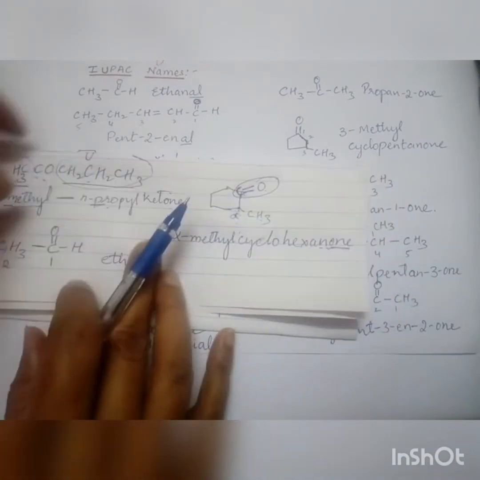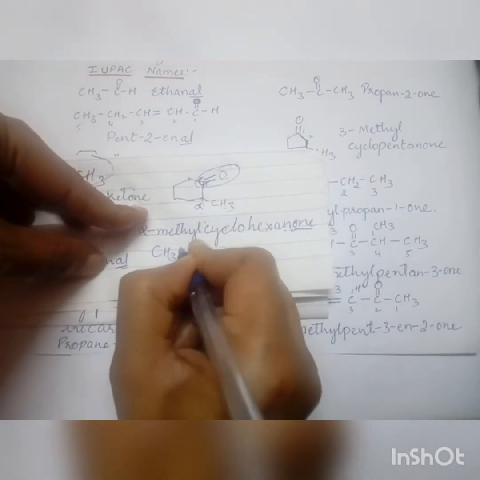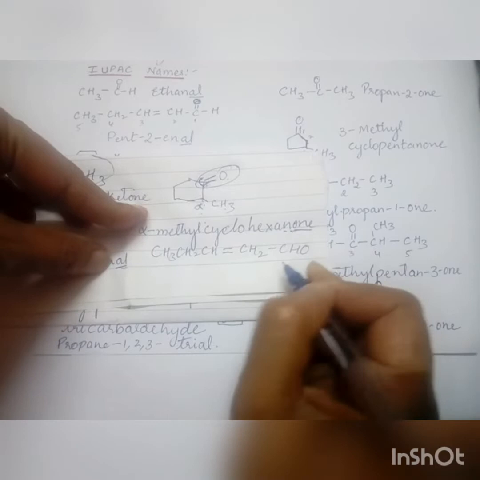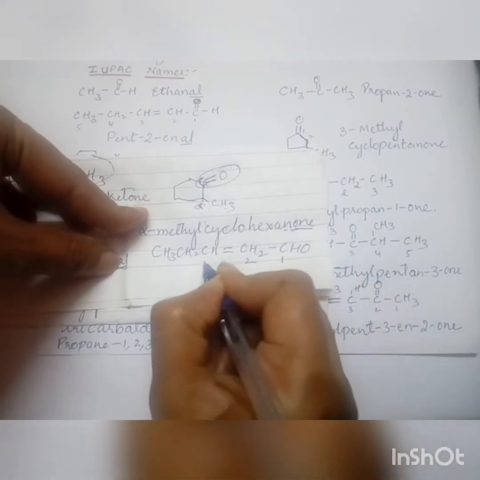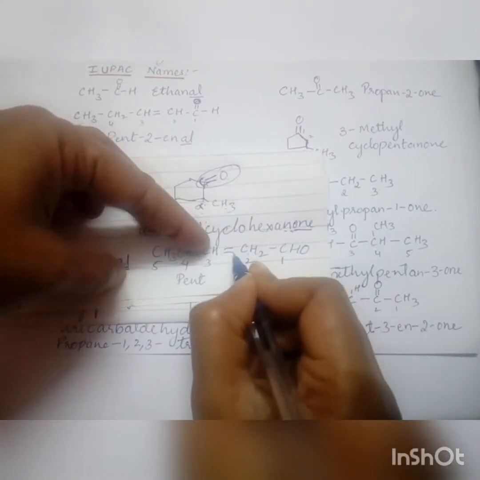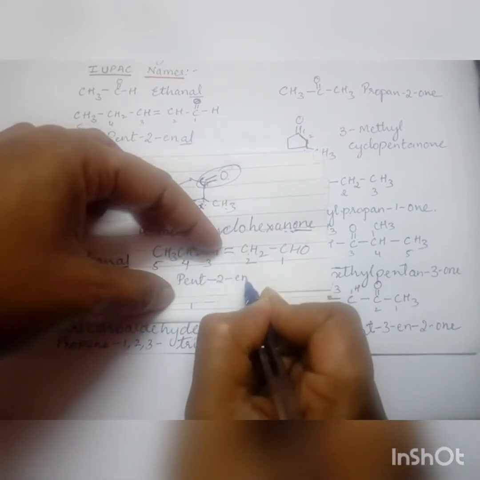So let me write this compound. Here we have CH3, CH2, CH double bond CH2 and CHO. So this is my first carbon, second carbon, third carbon, fourth carbon, fifth carbon. 5 carbon atoms, so it is pent. Then on the second carbon there is a double bond, so it is 2-ene.